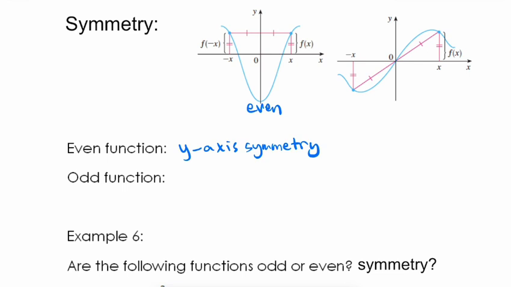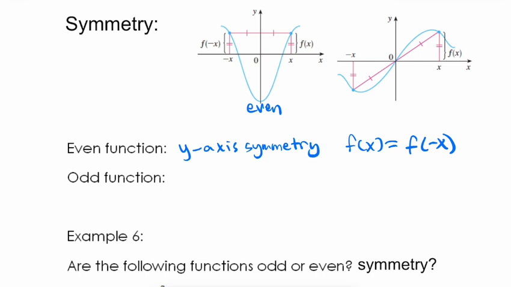You can fold it across the y-axis and it will have a perfect image on the other side. And in this particular case, f of x equals f of negative x. So if I plug in negative x into the function, it will look exactly like it started.